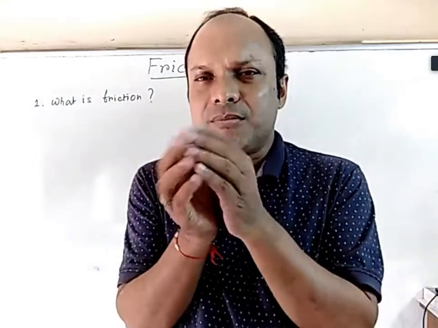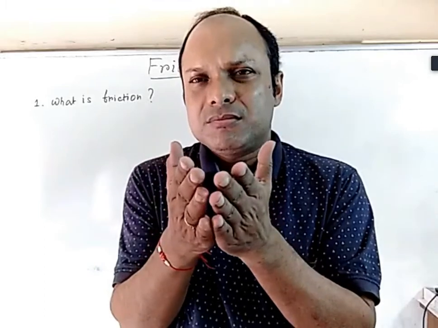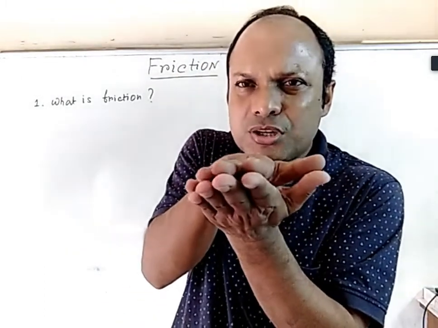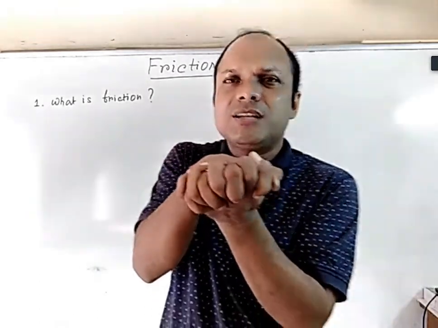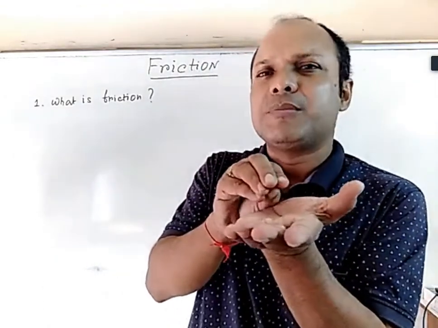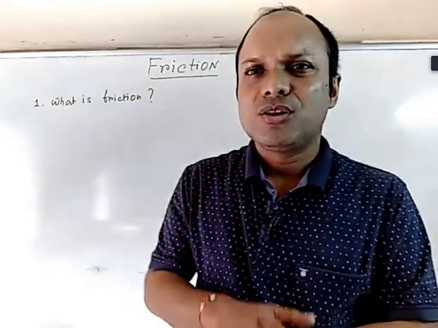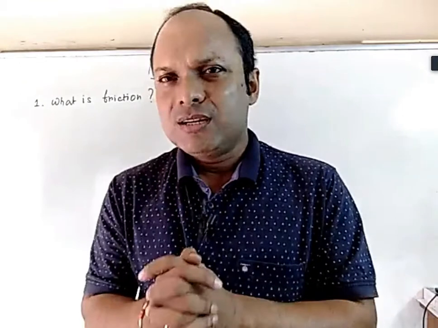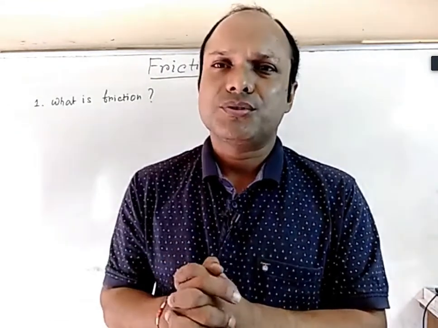There may be some humps, some irregularities. Those irregularities will make contact and lock with each other. Below a particular amount of applied force, you will not be able to move them over the surface of the other. That phenomenon is called friction, and that force is called frictional force.